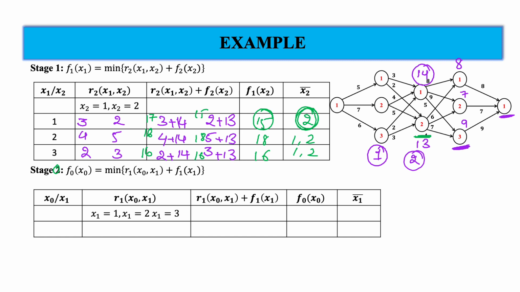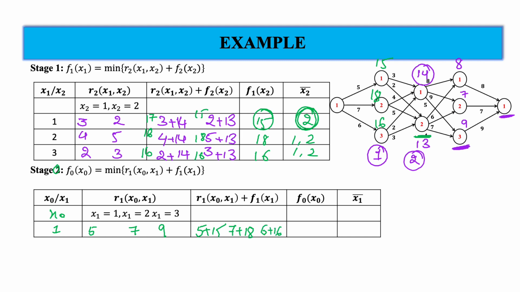We have x0 value as 1, x1 as 1, 2, 3, three nodes, and their arc values are 5, 7, 9. So if you check here, the minimum values are 15, 18 and 16. So 5 plus 15, then 7 plus 18, then 6 plus 16.